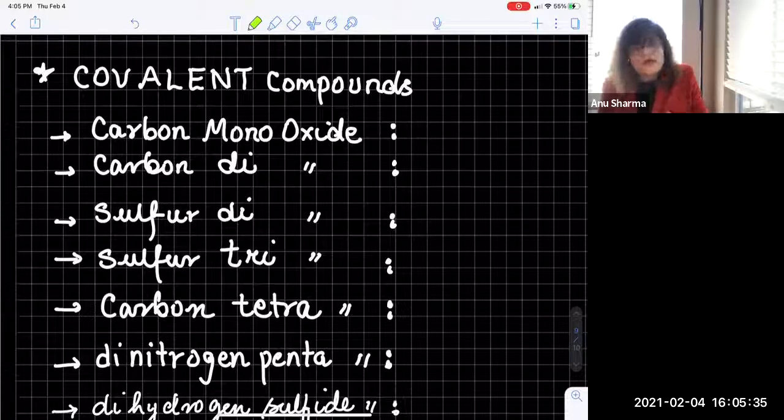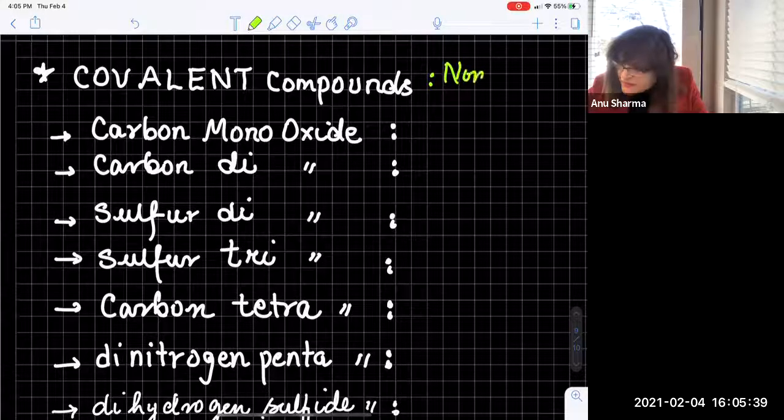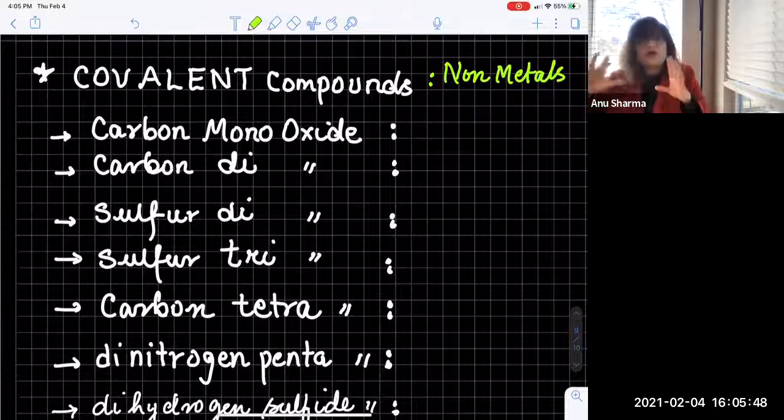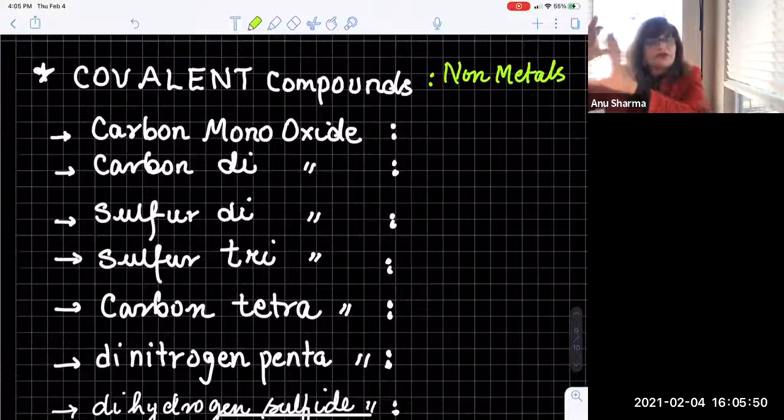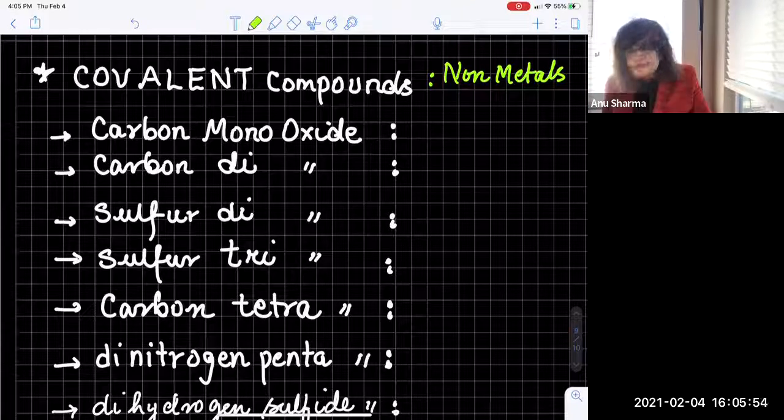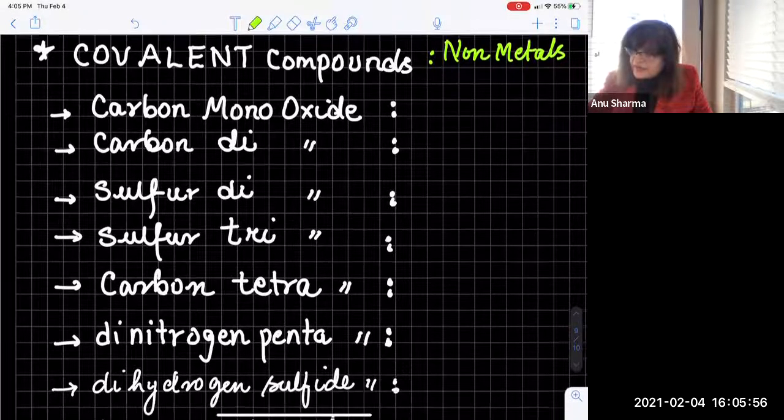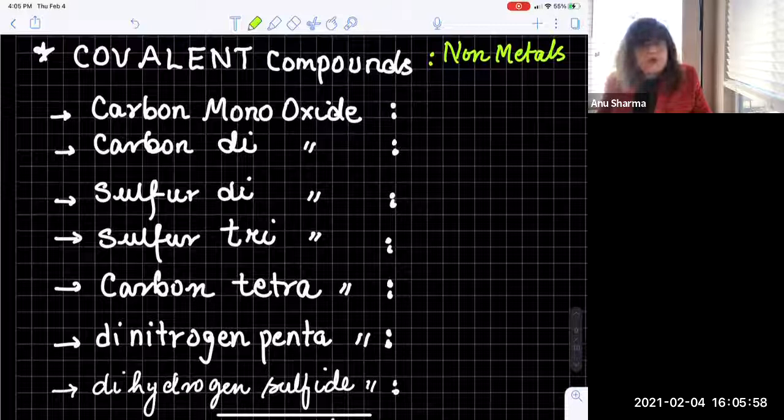And what are covalent compounds? Covalent compounds are formed when non-metals bond with each other. By this time you should know what the non-metals are. Non-metals are on the right-hand side of the periodic table, the ones on the top right-hand side, and of course the halogens.